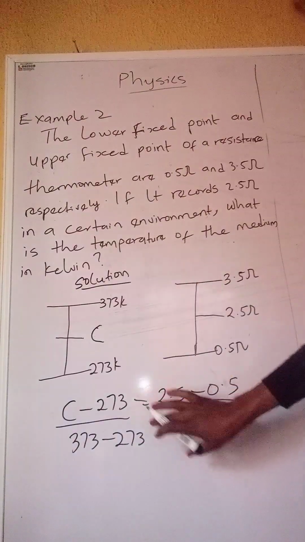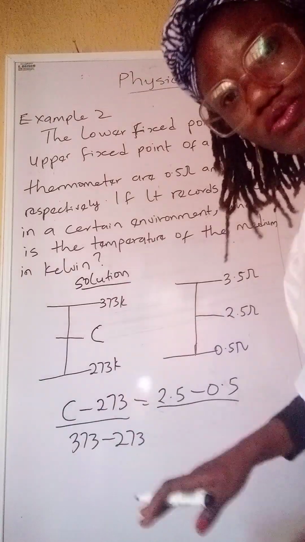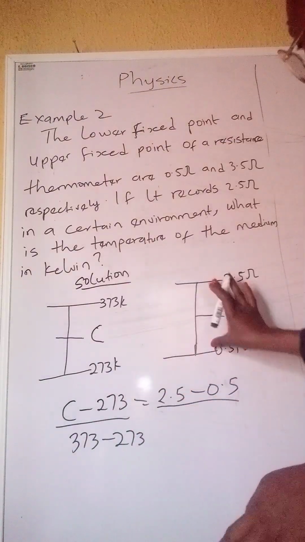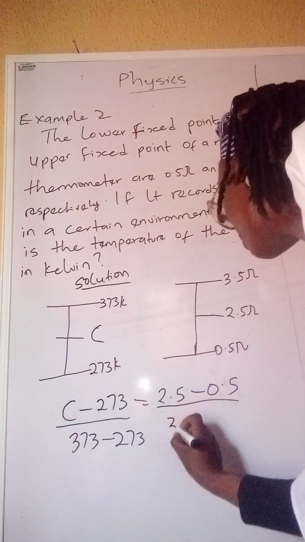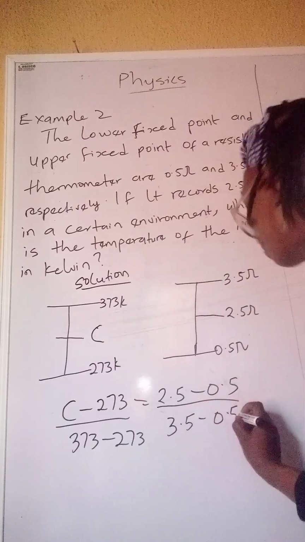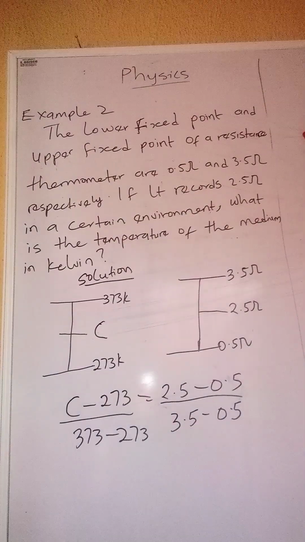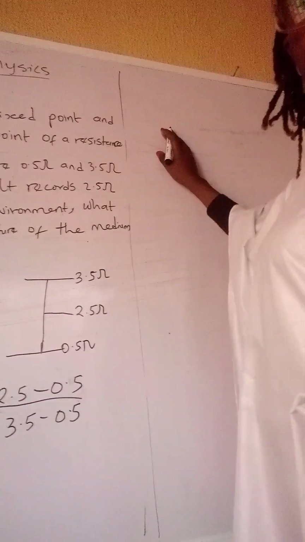We can't repeat equal to twice, so this equal serves for both numerator and denominator. So the bigger gap on this side is 3.5 minus 0.5.